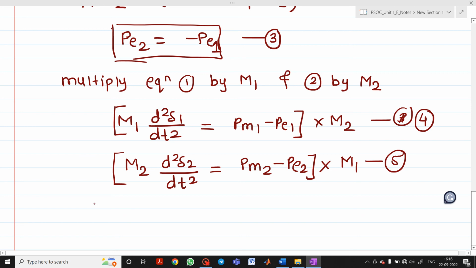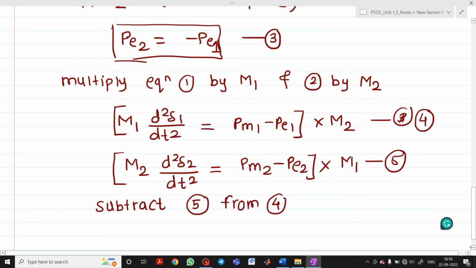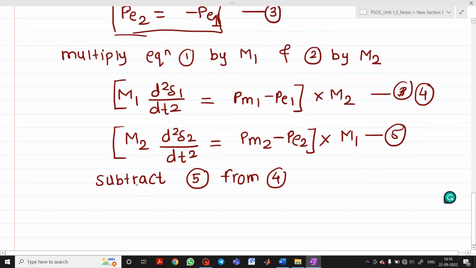Now what I will do? Subtract equation number 5 from 4. So what you will get if I subtract it?